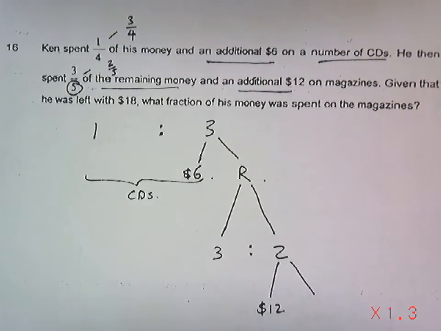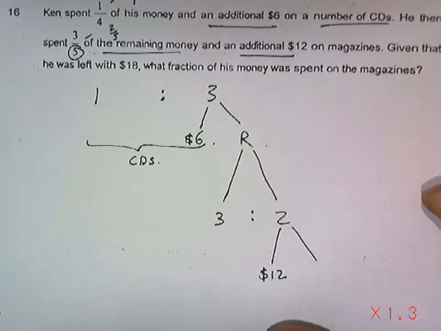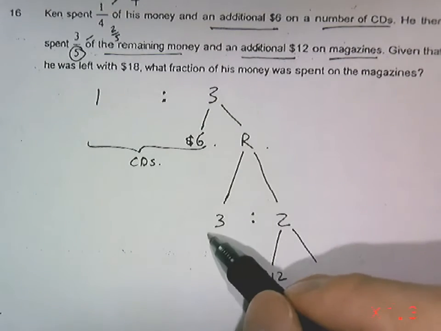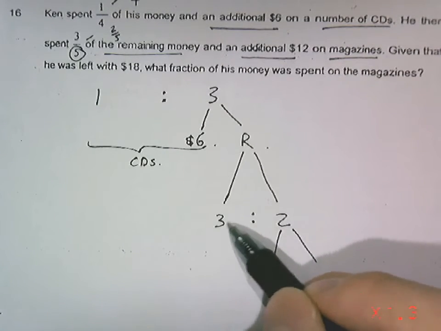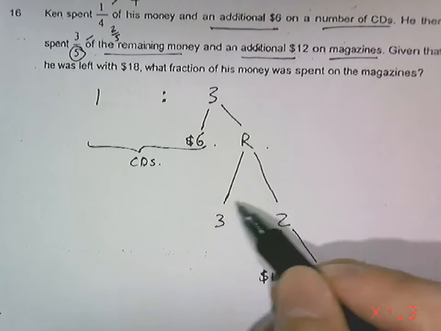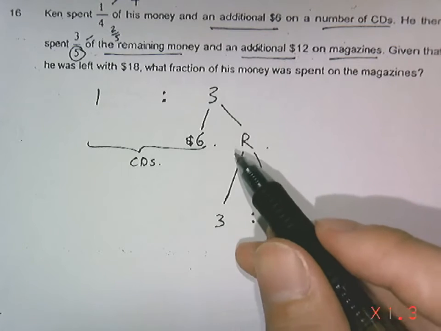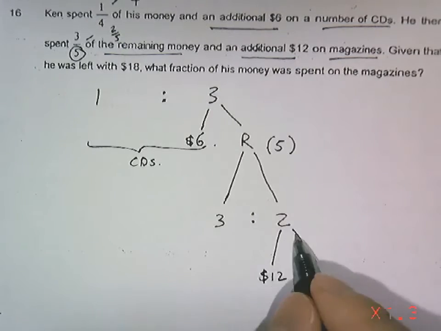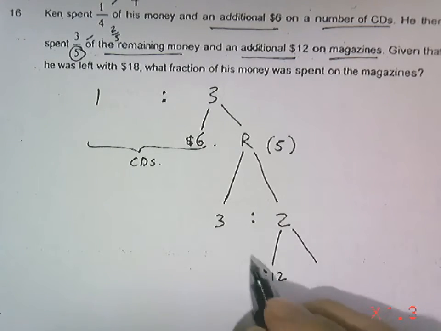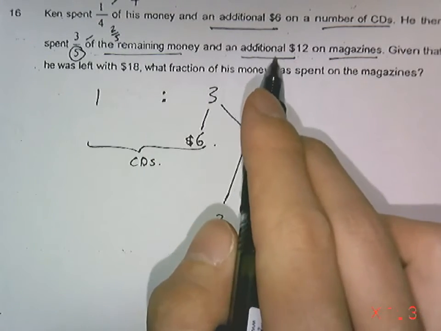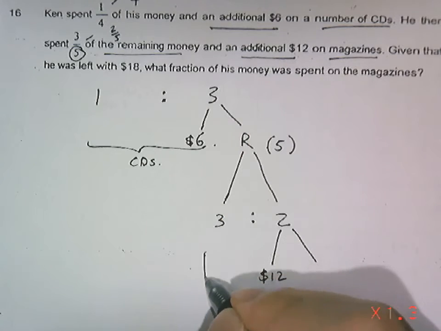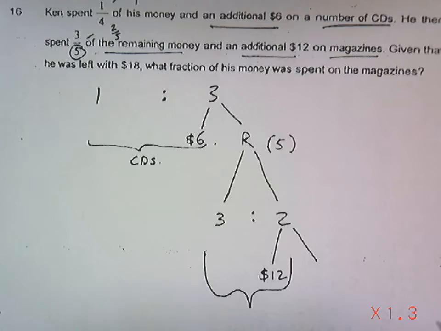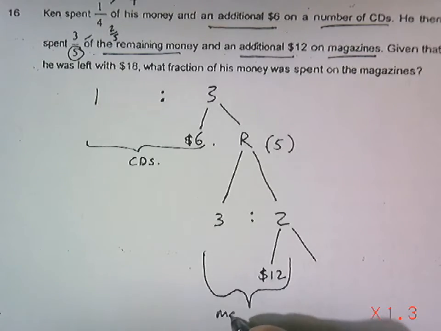But keeping in mind, just like the first part, that the actual amount spent on magazines is in this 3/5, 3 out of 5 of the remaining. You can put a total 5 here. So 3/5 of the remaining and additional $12, I'm going to group this one with this one. That would be the magazines.